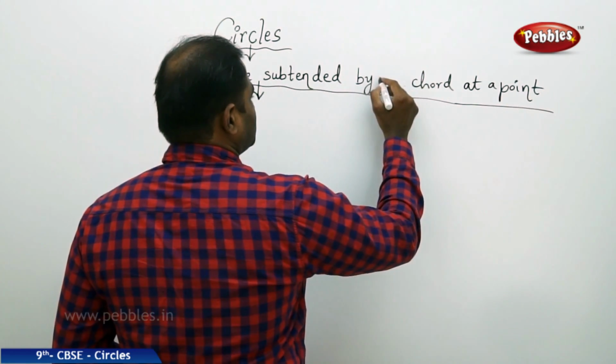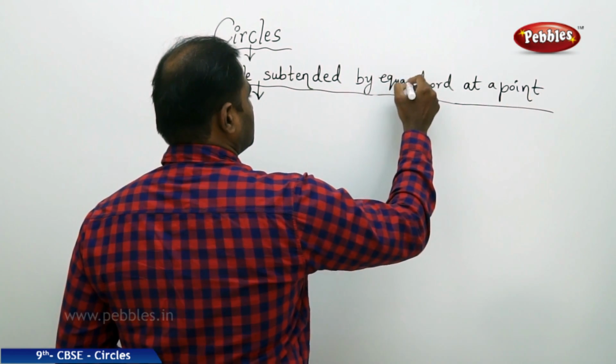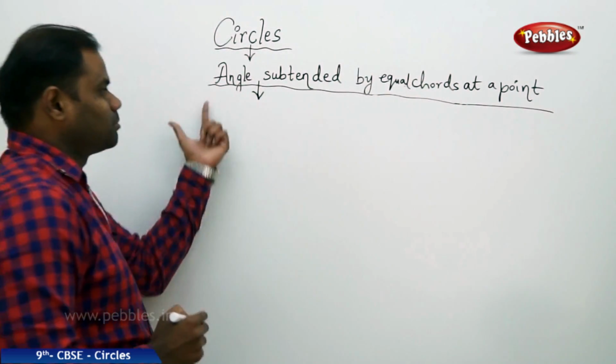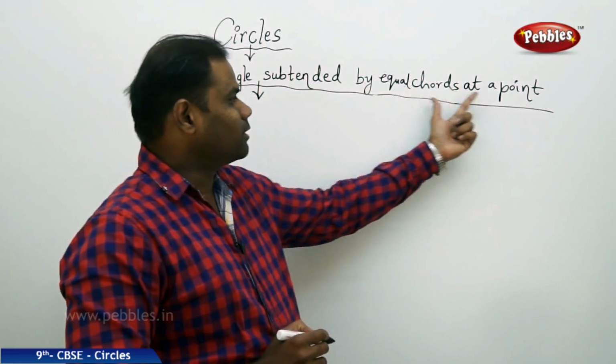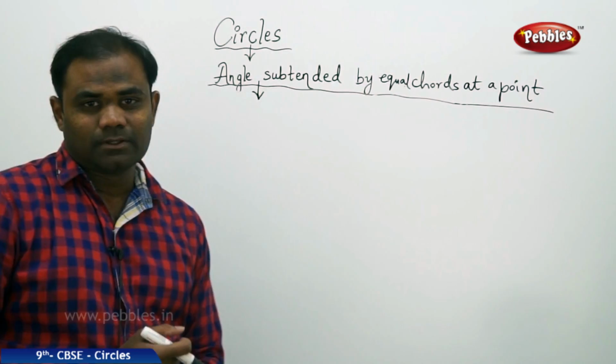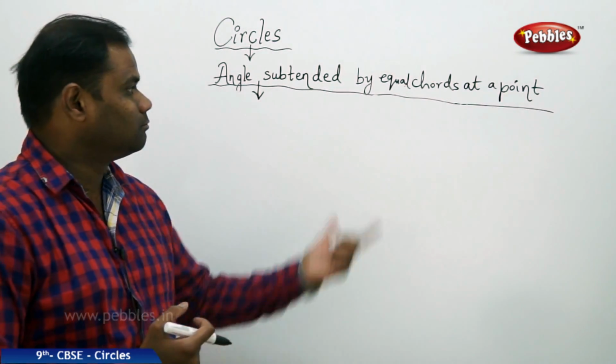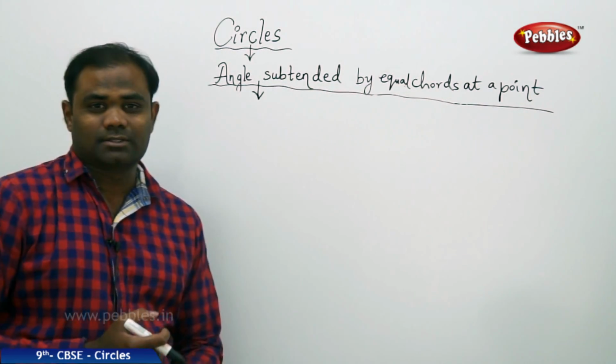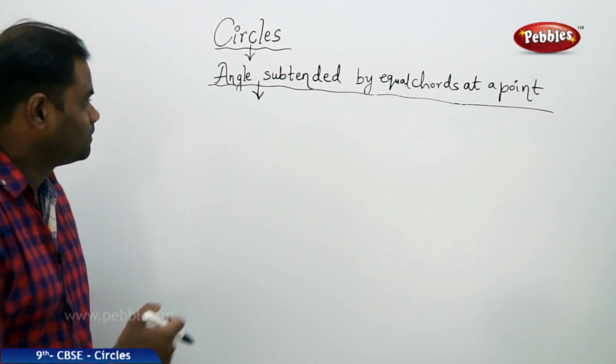Here my session is angle subtended by equal chords at a point. So let's see how equal chords subtend an angle.